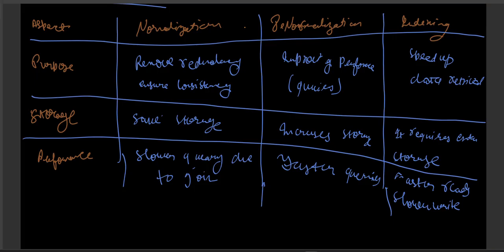The next thing is storage. Normalization saves storage, denormalization increases storage, and indexing requires extra storage.